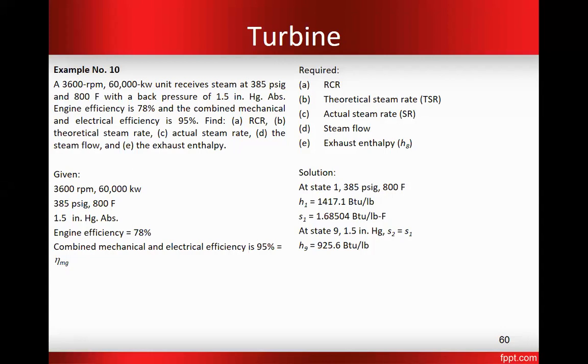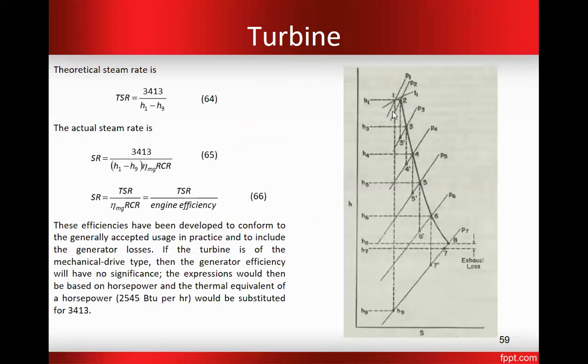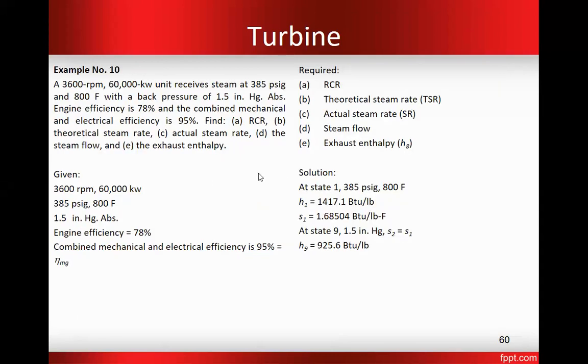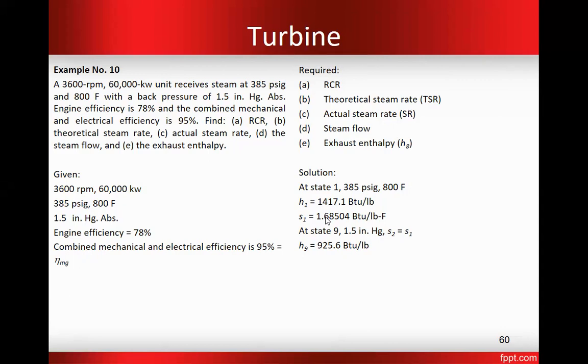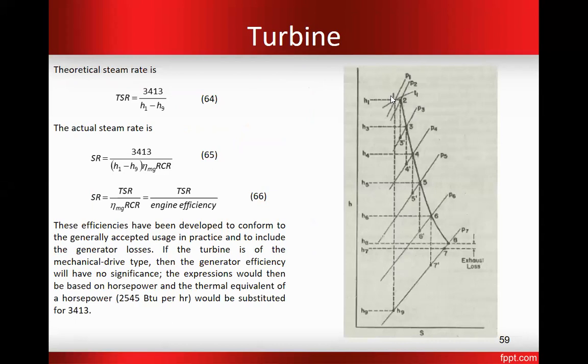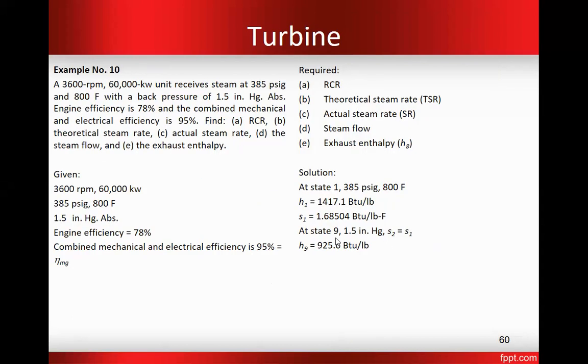Solution. At state 1, so check this figure 1, ito dito, is 385 PSI gauge at 800 Fahrenheit. Equal to state 1, isentropic 9. Actual niya is 8. So H of 1 is equal to 1,407.1 BTU per pound.